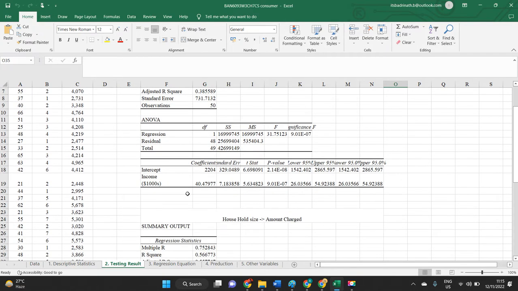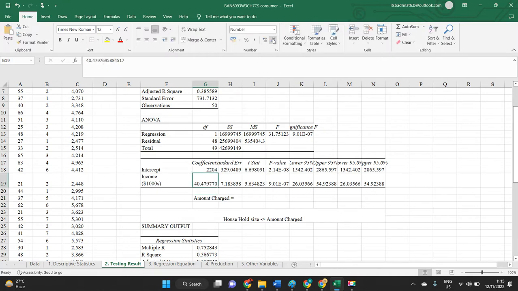So the equation can be written as amount charged is equal to income into 40.47. Maybe you can change this up to two decimals; you can increase or reduce. I take 40.48.